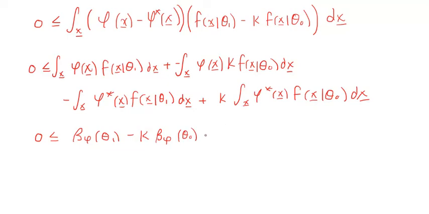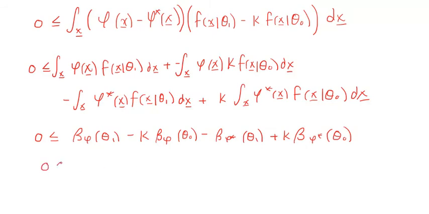Our next component is going to be minus the power function of phi star given theta 1. Then we have plus k times the power function of phi star given theta naught.